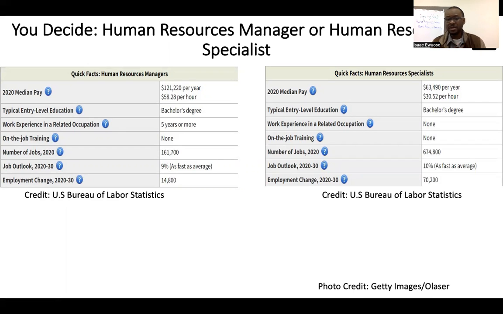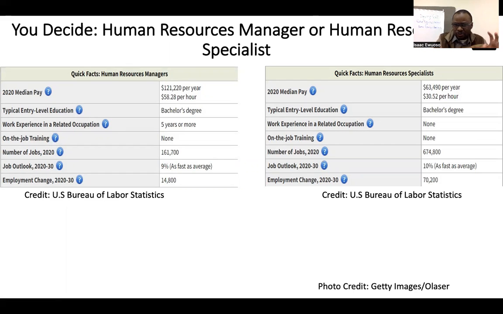At least minimum. Now, with a human resources generalist, you do not need particular levels of experience or years of experience in order to start work as a human resources generalist. However, if you want to be a human resources manager, it assumes that you are already in human resources management in that field.